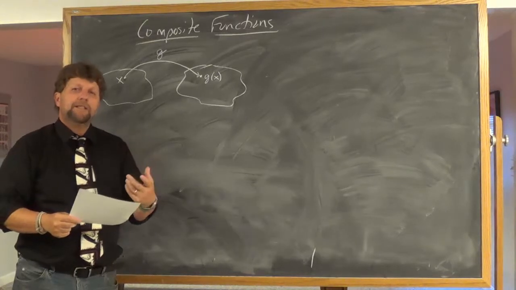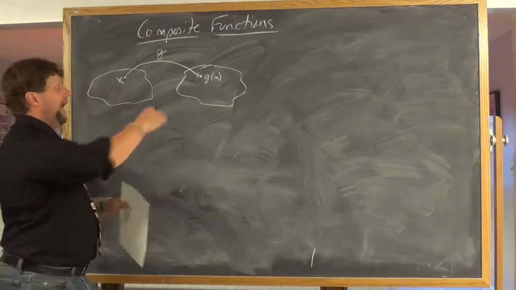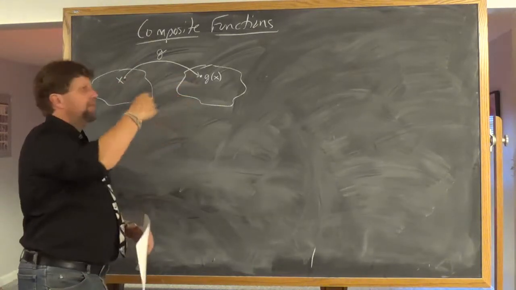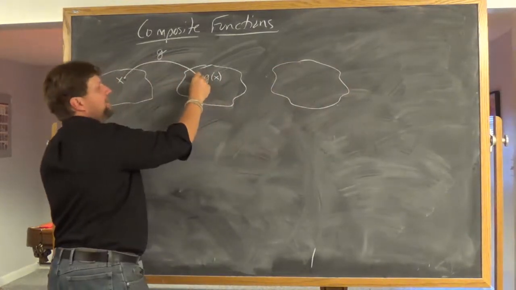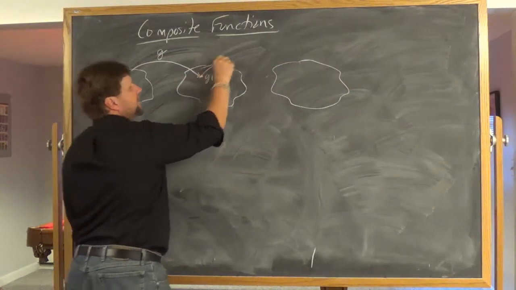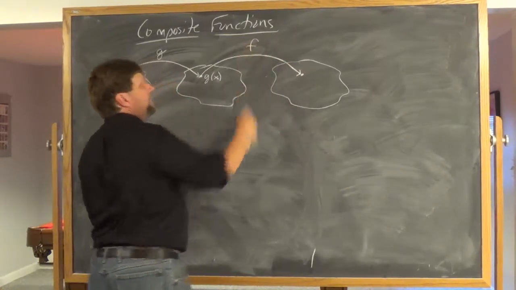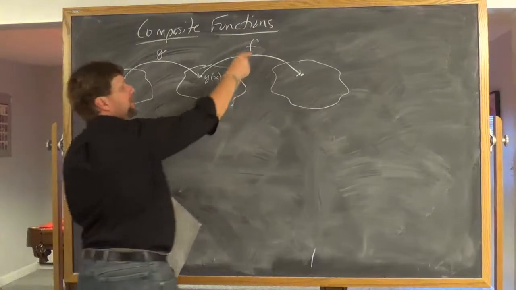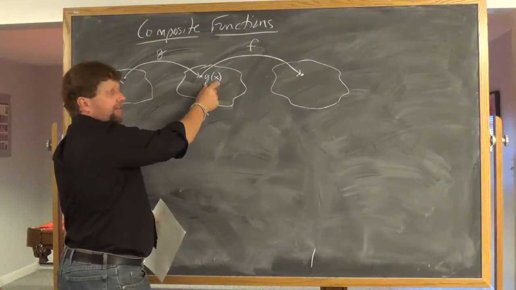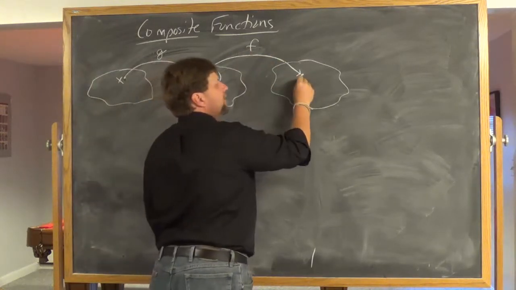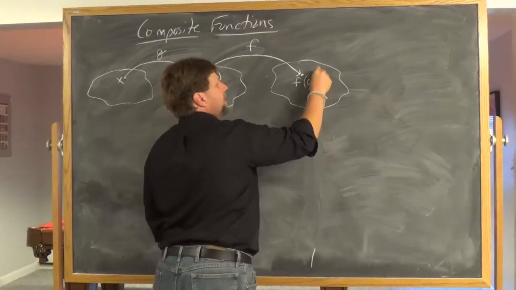This is what a composite function, what it means, what the concept is. Let's just say after this function takes place, there is another function that picks up this y value and sends it over here. We'll call this function f. So the function f picks up this g of x, and it sends it over here to what is labeled as f of g of x.